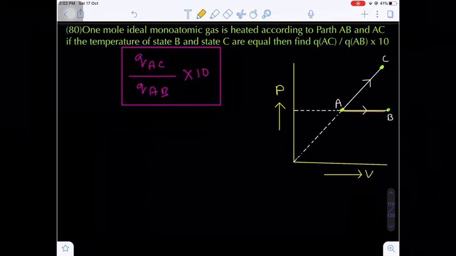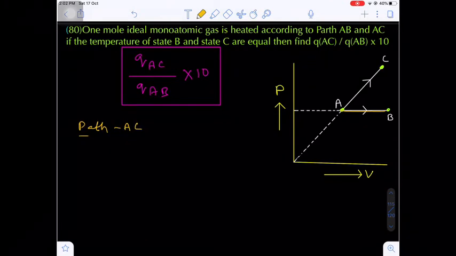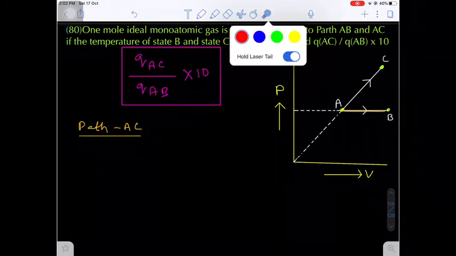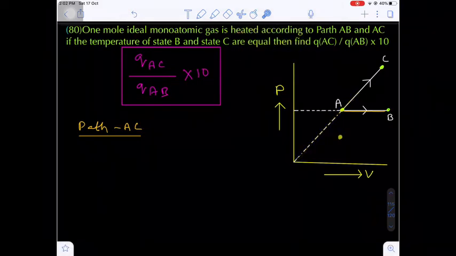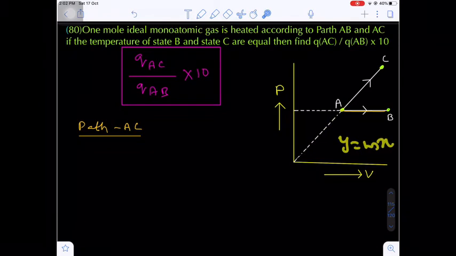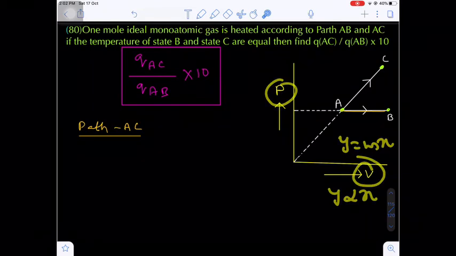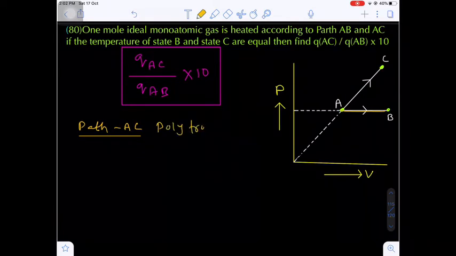Now first of all, you see the relation between the pressure and volume along the path AC. Do you know along the path AC, there is a straight line which is passing through the origin? If it is passing through the origin, that means y is equal to mx form, that means y proportional to x, that means pressure proportional to volume. So this is a polytropic process.